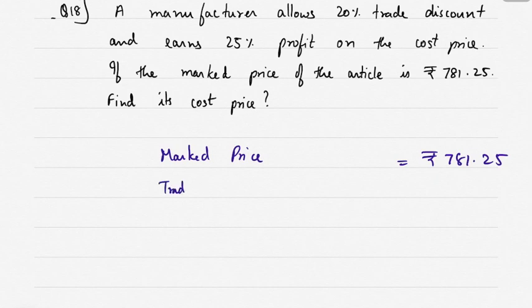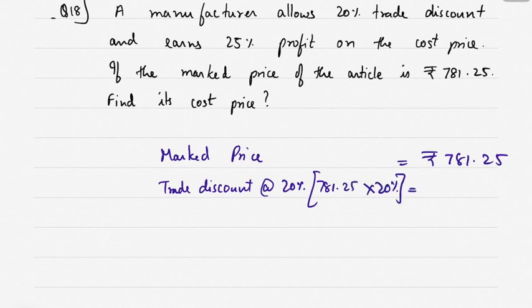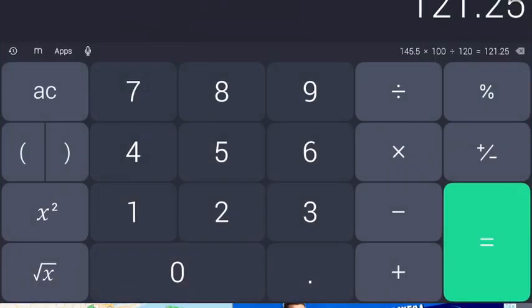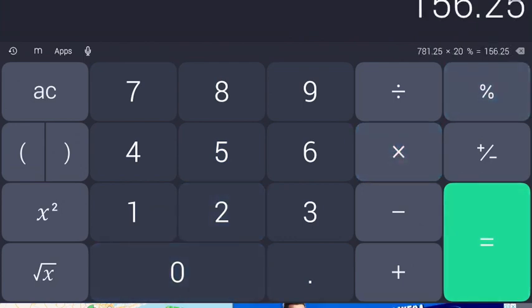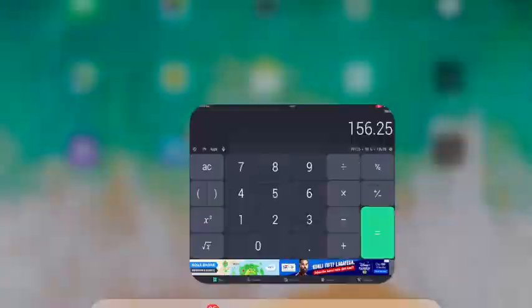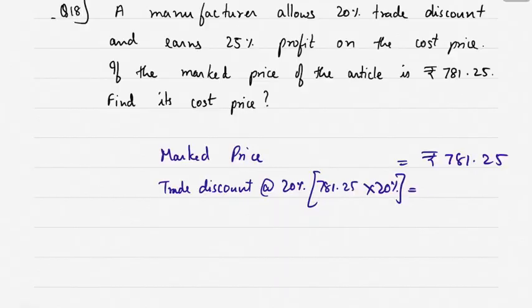Trade discount is at the rate 20%. So 781.25 into 20% comes to 156.25.